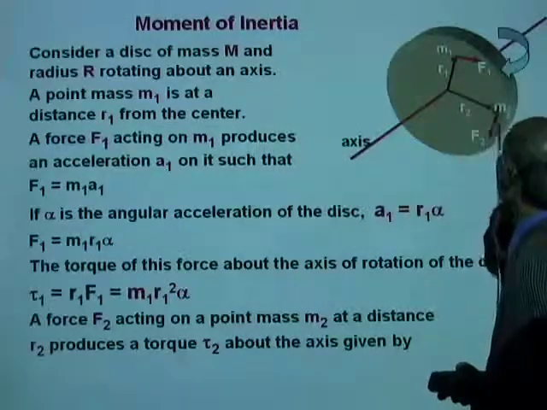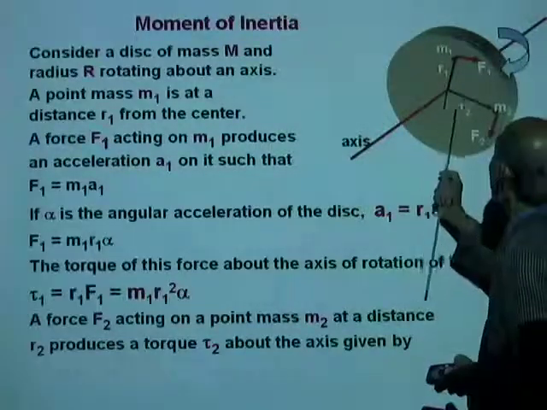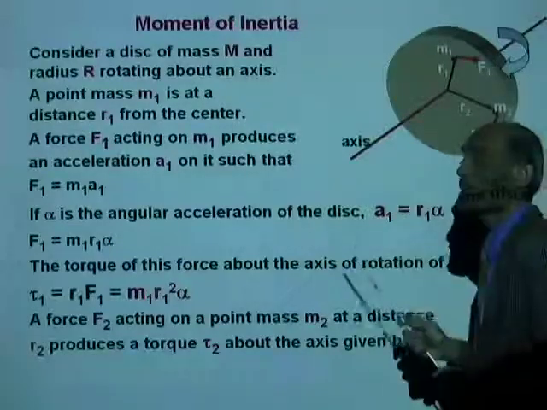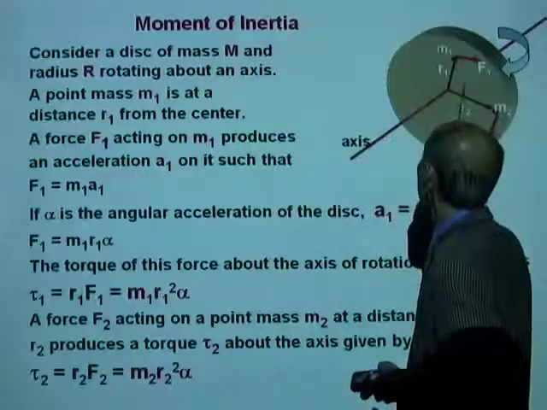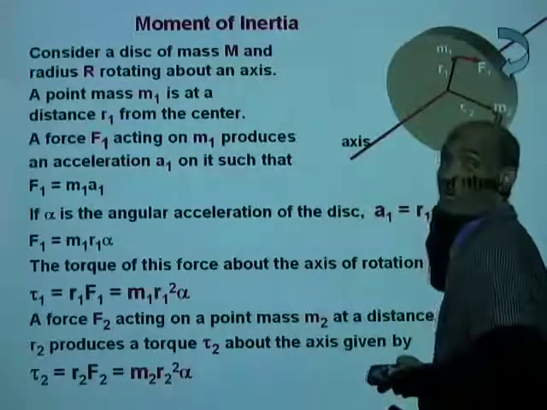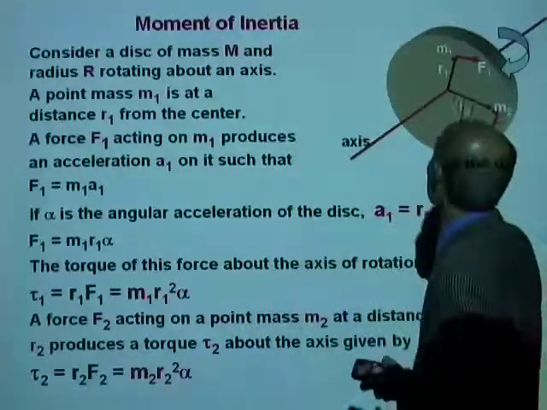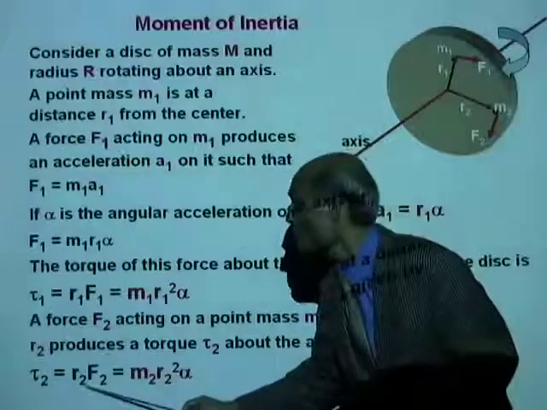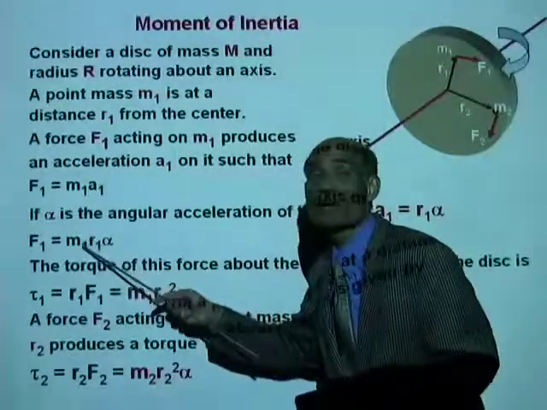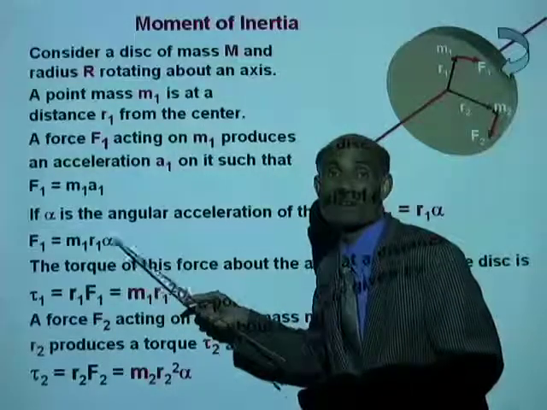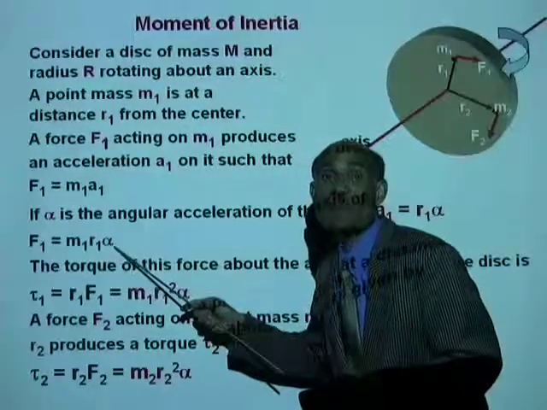What is the torque on this particle? It will be r2 multiplied by F2. Is that right? Tau 2, the torque on this particle, will be r2 times F2. And what is F2 equal to? If F1 equal to m1 r1 alpha, then F2 will be m2 r2 alpha.